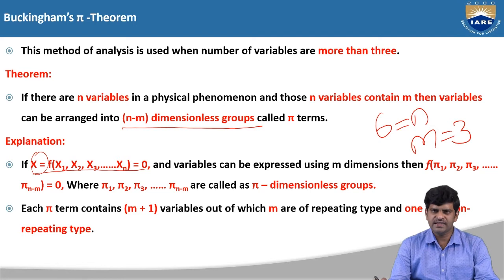These are called pi dimensionless groups. Each pi dimensionless group contains m plus 1 variables, meaning 3 plus 1 variables, because m is the fixed parameter, the fundamental quantities.